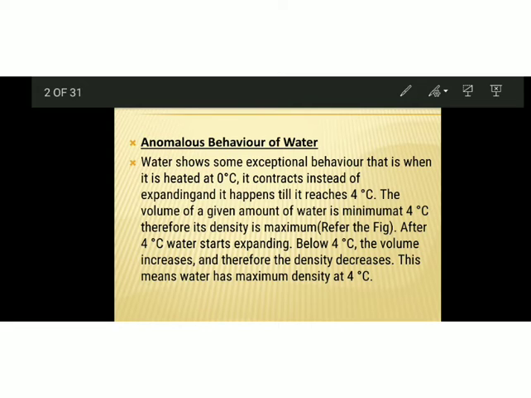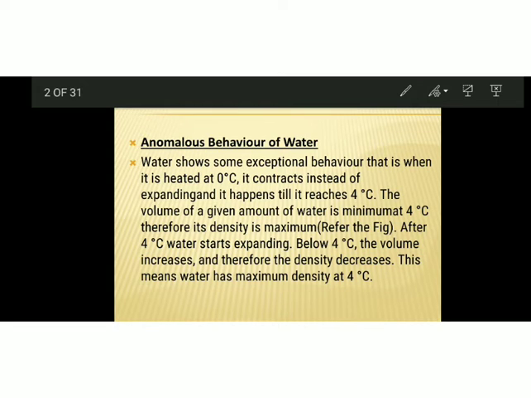And where the volume is minimum, there the density will be maximum, because density is mass by volume. So when volume is minimum, density will be maximum. Hence the density of water is maximum at 4 degrees Celsius. So this is the anomalous behavior of water. Generally the volume of liquids increases with temperature, but in the case of water there is an exception.